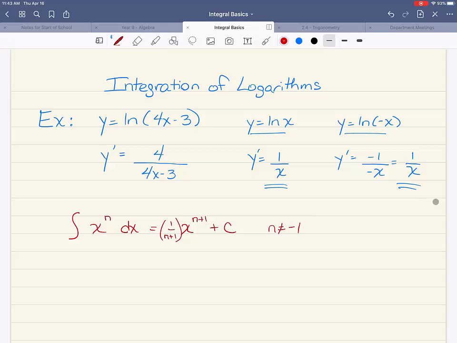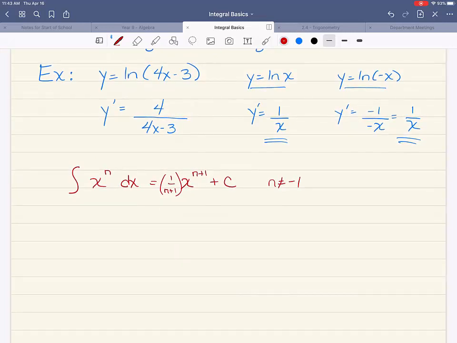So let's talk about what that means. If the problem is x to the negative 1 dx, well, that happens to be the same thing as 1 over x to the positive 1 dx. Do you see that? Negative 1 means it goes on the bottom and turns into a positive exponent. Now, we just looked at that over here.